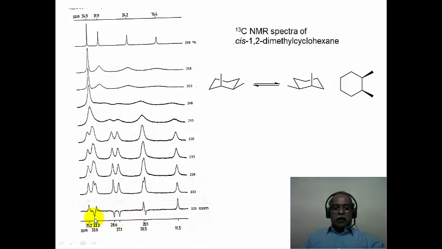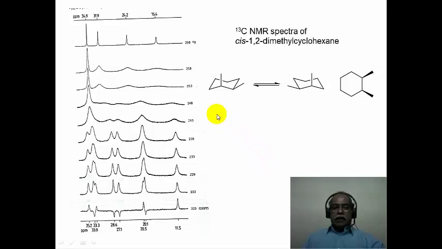If you see 4 signals in the negative phase, 1, 2, 3, 4, these correspond to the CH2, and 2 CH and 2 CH3 will have positive phase. 1, 2, these are probably the CH carbons, and these are the CH3 carbons. So there are 8 signals seen in the carbon-13 spectrum.